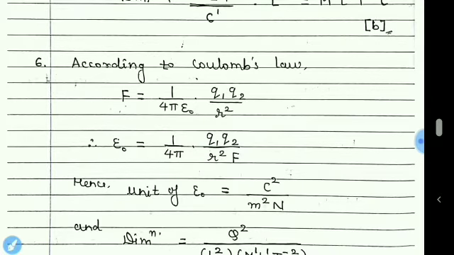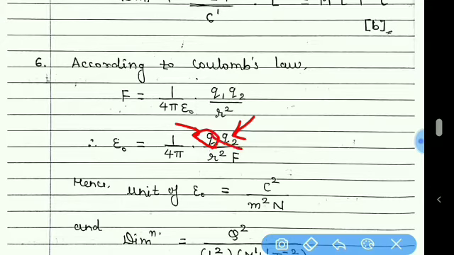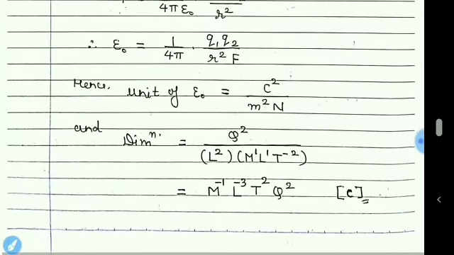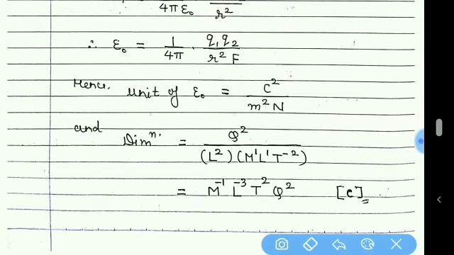So here q1 and q2 are the charges and their unit is coulomb. So coulomb into coulomb will give you coulomb square. R is a distance and distance is measured in meter, so meter square, and force is in Newton. So first we will write the units and then we will take the dimensions.